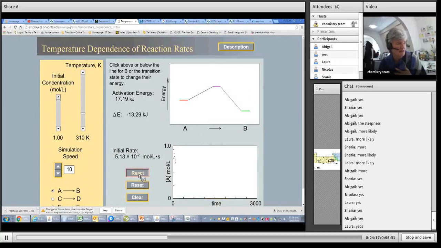And can you see how A drops off very quickly compared to that very slow one that we had? So this is a nice simulation to see the effect of activation energy. And when we do equilibrium later, we can think of the back reaction, because you can change around with B as well, make it go up and down.